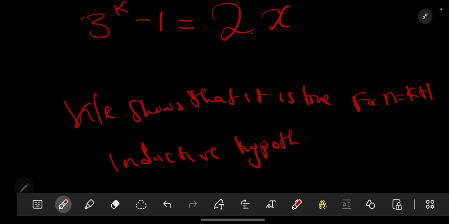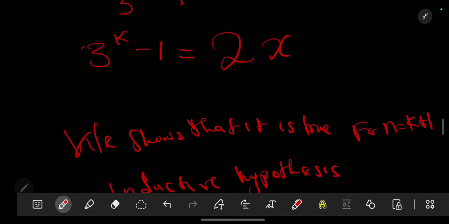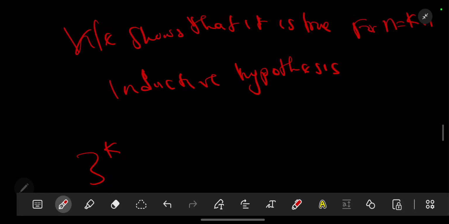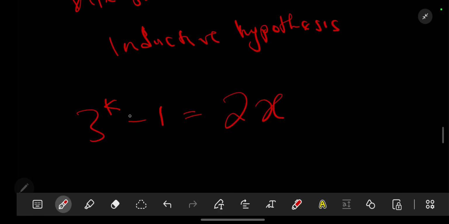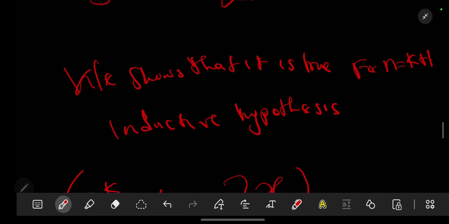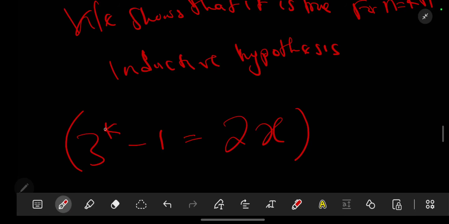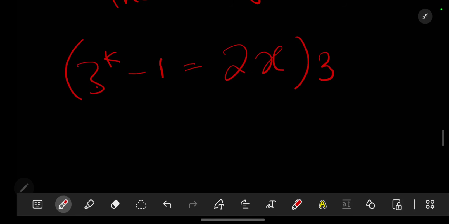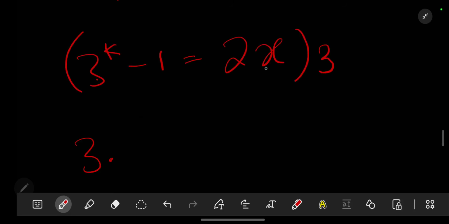So you get this equation: 3 to the power k minus 1 should be equal to 2 times x. Since we want k plus 1, we are going to multiply by 3, since the 3 is the base there.